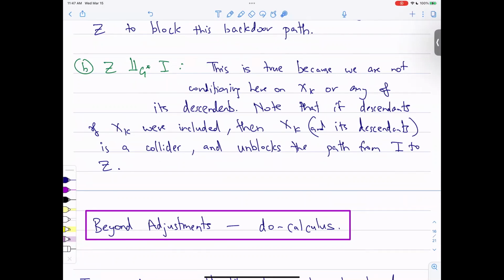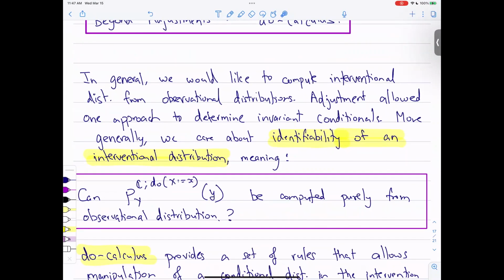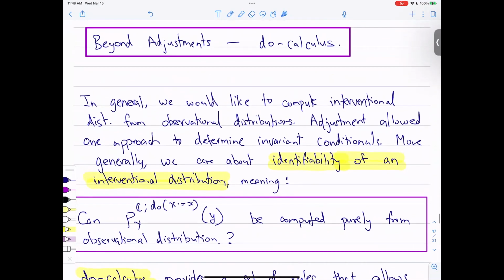Now, in the last 5 minutes, I'm going to tell you what do-calculus is, but I'm not going to go through it because it is quite messy. I'm just going to tell you at a very high level what is going on there. Going back to the basic question: compute interventional distributions from observational distributions. Adjustments are one way: look at every term and ask them to be the same.